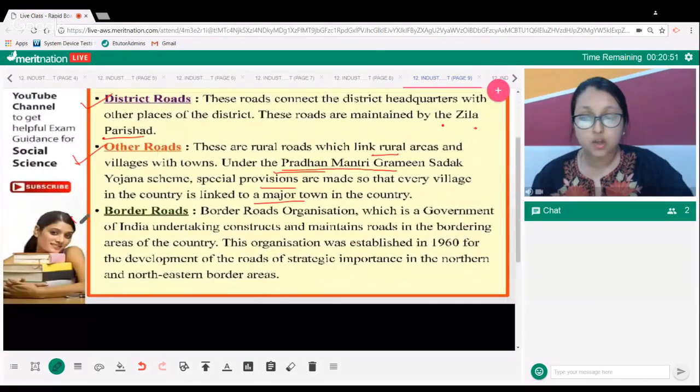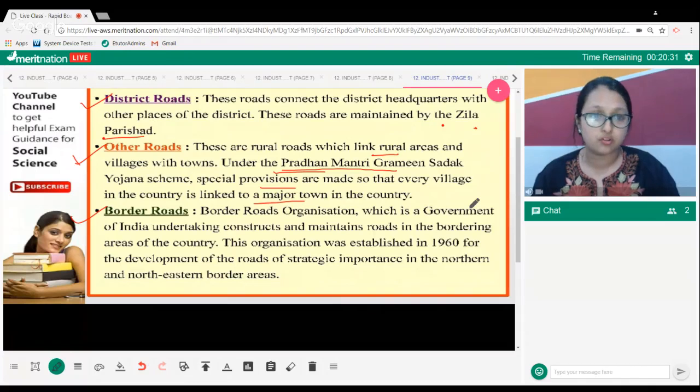Then comes your border roads. The Border Roads Organization, which is a Government of India undertaking, constructs and maintains roads in the bordering areas of the country. This organization was established in 1960 for the development of roads of strategic importance. Why is there another organization constructing the border roads?